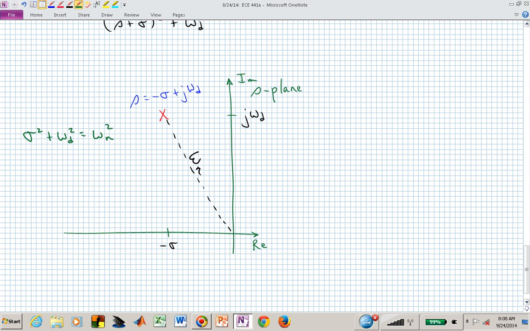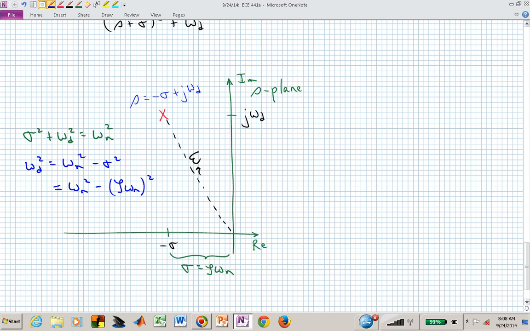We also know that this distance sigma can be written as zeta omega sub n. If we do that, then we can solve that for omega sub d squared. If we replace sigma with its parameterized form, sigma is the natural frequency times the damping ratio zeta.